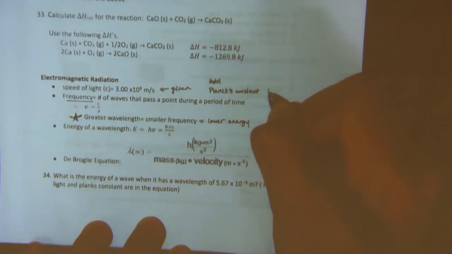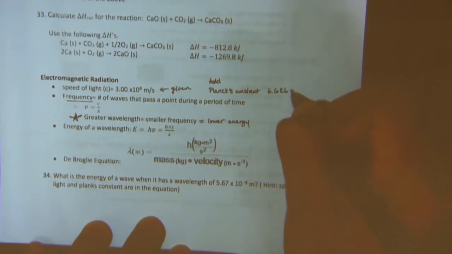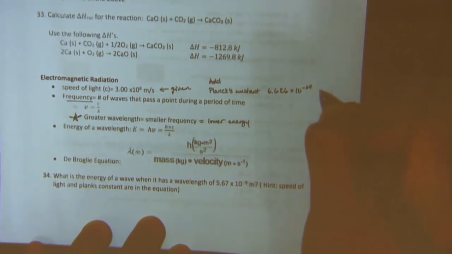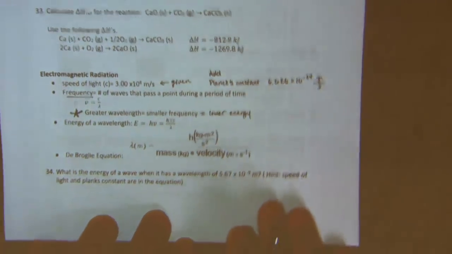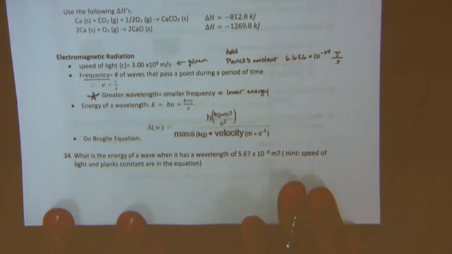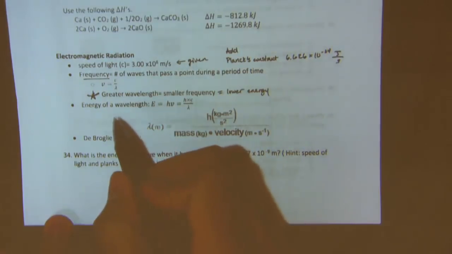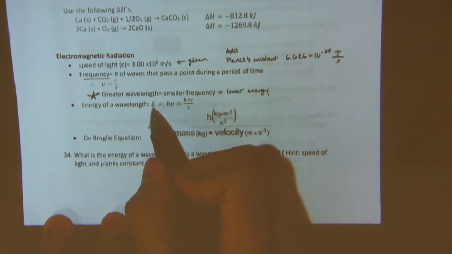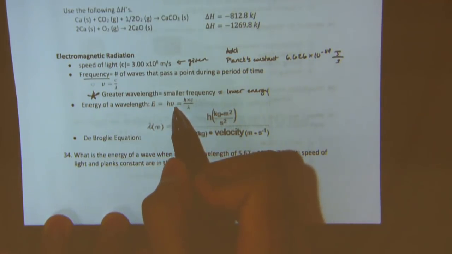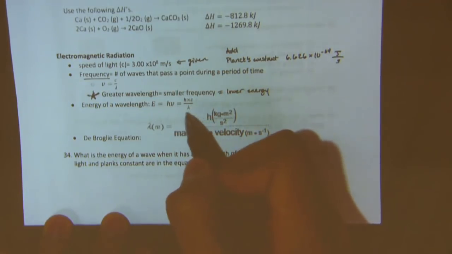And that's just 6.626 times 10 to the negative 34th joule seconds, okay? We also have another relationship down here. We have the energy of a wave is E equals h nu, which is equal to hc over lambda.